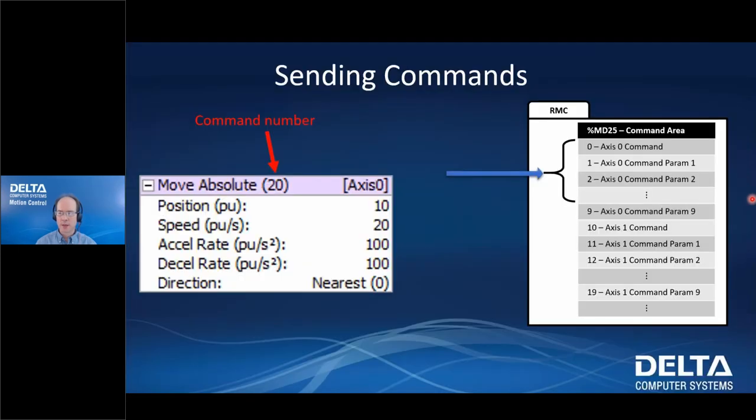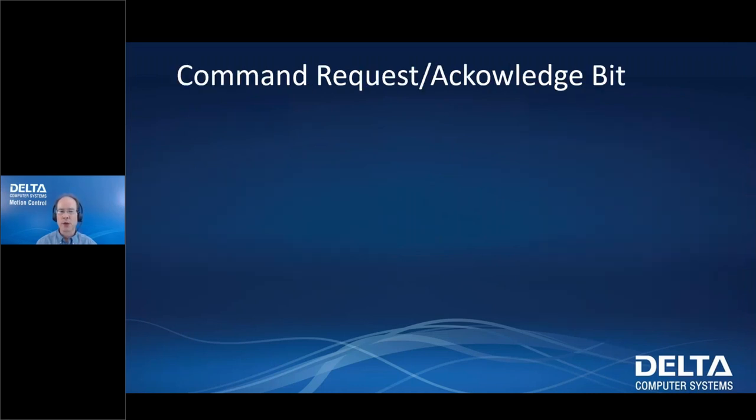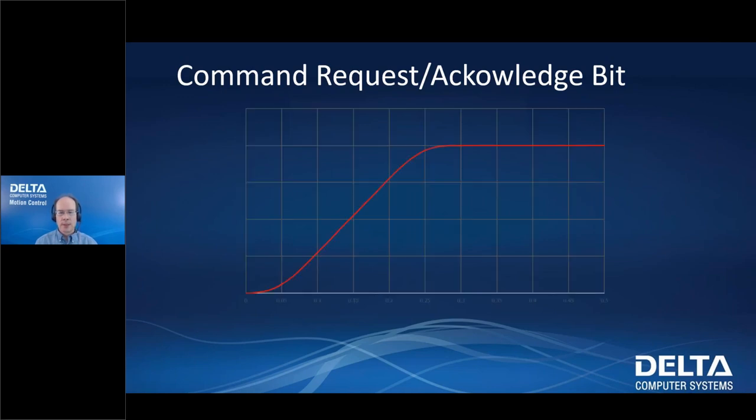Now I want to talk a little bit about sending commands and doing the logic in the PLC. We have something called the command request acknowledge bit. Looks like I misspelled acknowledge. But let's say we're sending a command to the RMC to move the axis so the position goes from something to something else over time.